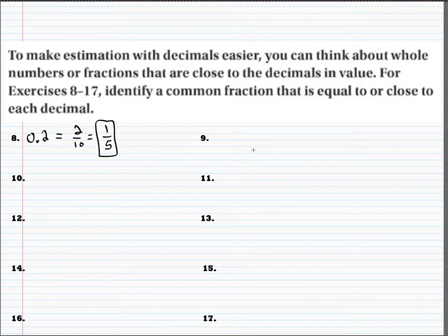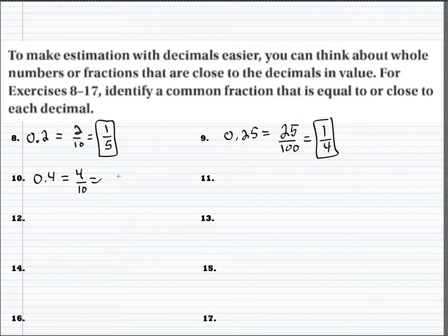For number 9, we have 25 hundredths. Again, as a fraction, that is going to be 25 hundredths, and that reduces to 1/4. And that's what we're looking for there. For number 10, we have 4/10. Again, I can write that as 4/10, and it reduces to 2/5.